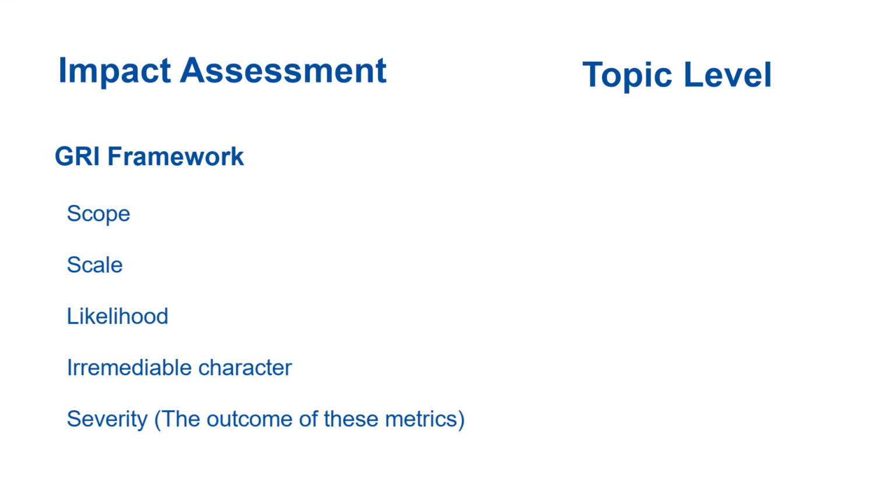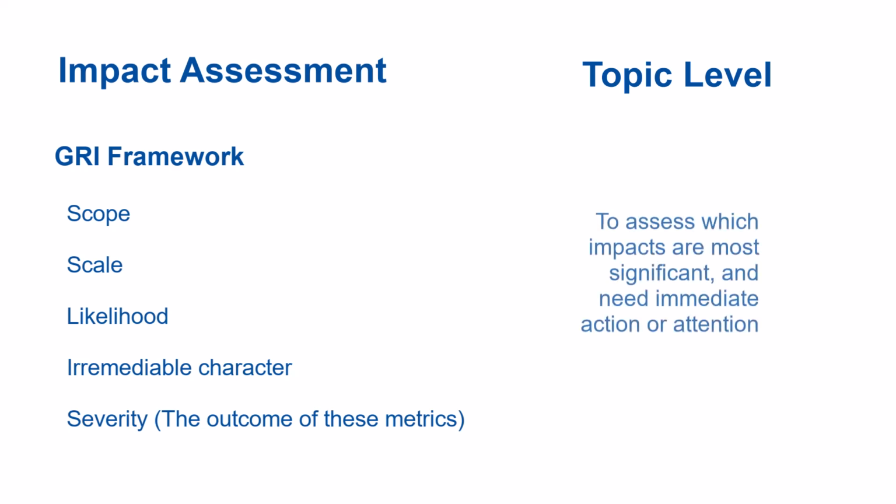Just as in the case of risk assessment, by following the assessment steps and metrics, the company can now determine which impacts are the most significant and need immediate action or attention. This approach for the risk and impact assessment helps a company proactively manage and minimize negative risks and impacts across their entire supply chain.